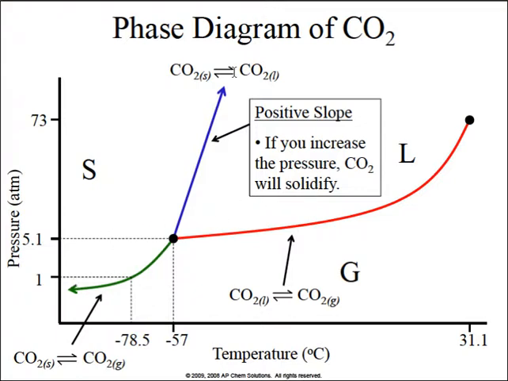Here's 1 atmosphere, this is sea level. If we have a piece of solid carbon dioxide, dry ice, it will start to heat up, and notice it goes from a solid to a gas. It does not turn into a liquid. That's why we see these properties of solid carbon dioxide, or dry ice.